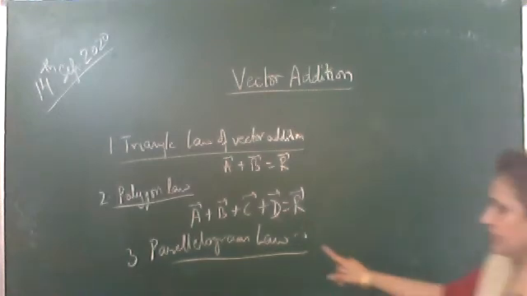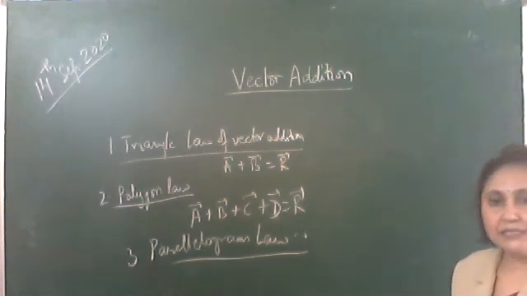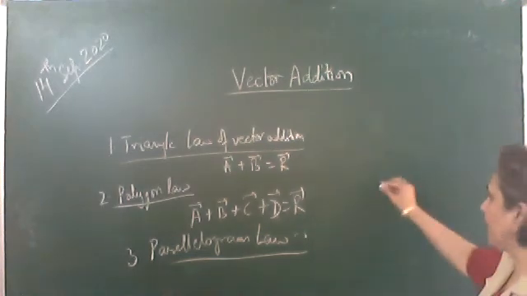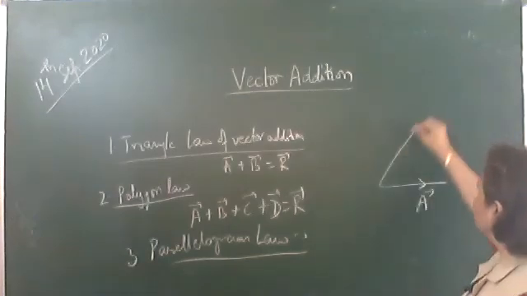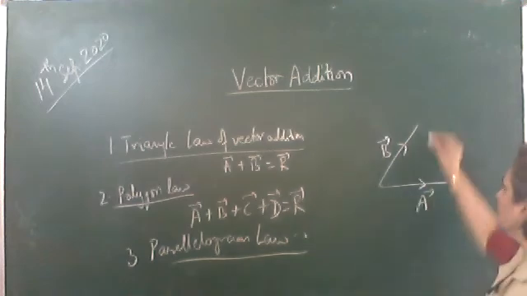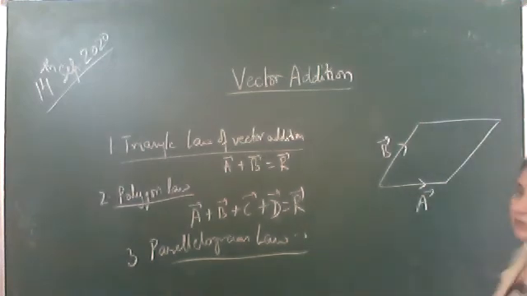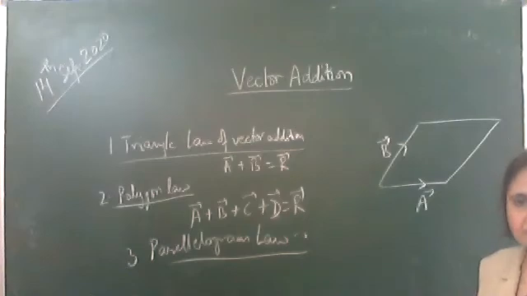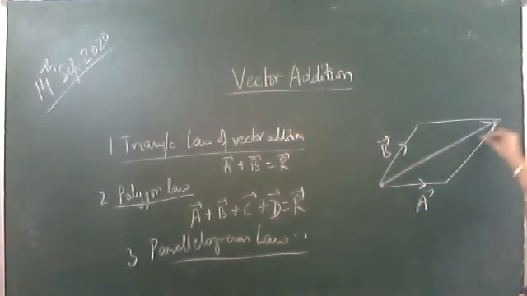Okay, now what does it state? If two vectors can be represented by the adjacent sides of a parallelogram, then their resultant is given by the diagonal which is passing through the same point.